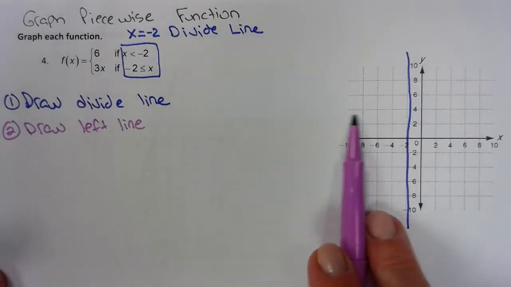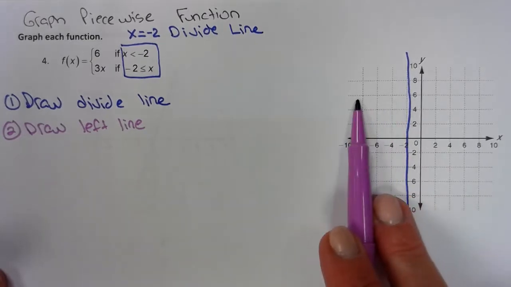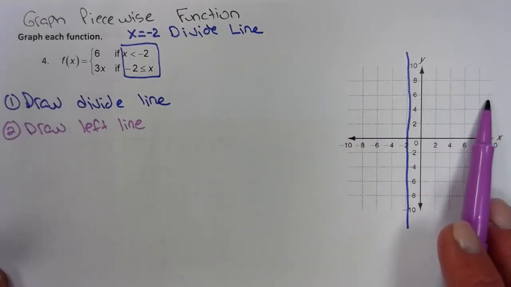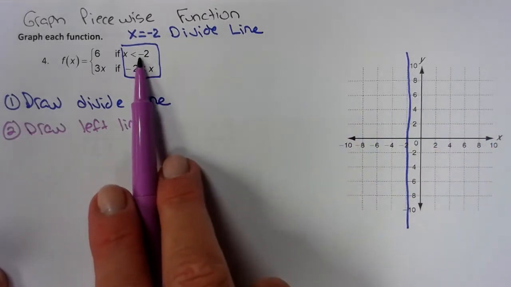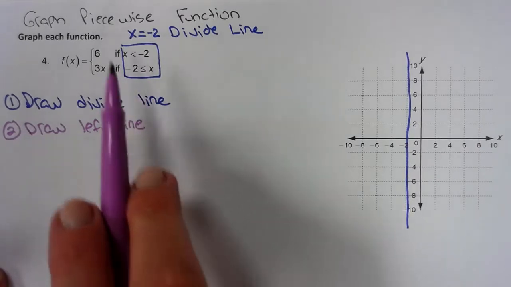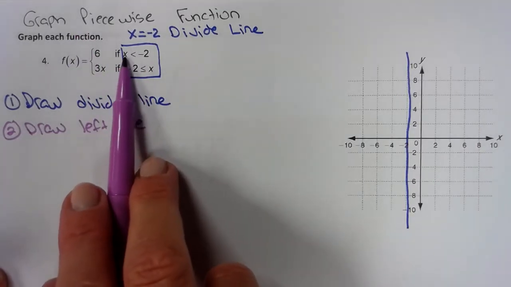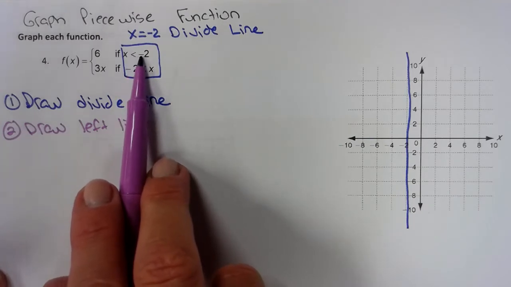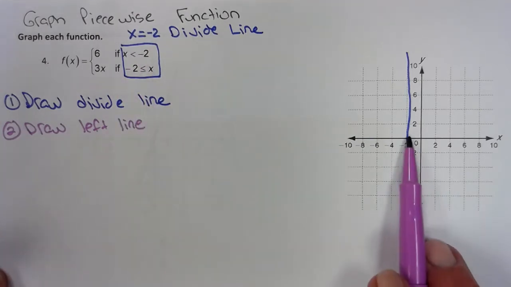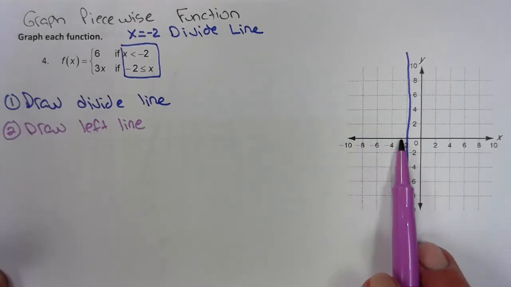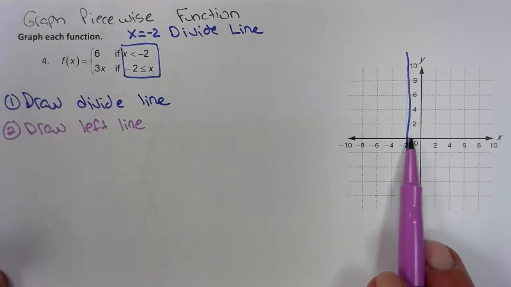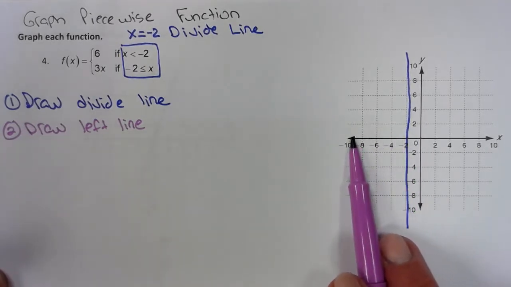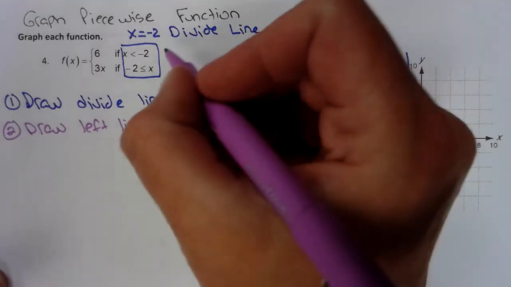To figure out what is on the left side of this line versus what's on the right side, you need to go up here and look at your parameters. This says use this top function if x is less than -2. So if x is going to be less than -2, that happens to the left of this line.